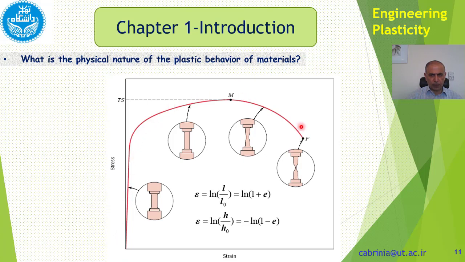In fact, we say that this is a simple tensile test because we have only load in one direction and changes in length in one direction, and of course we have changes in width also. I mean, the other dimensions of this specimen change as well. But in fact, we are moving in one direction. That's what I meant.